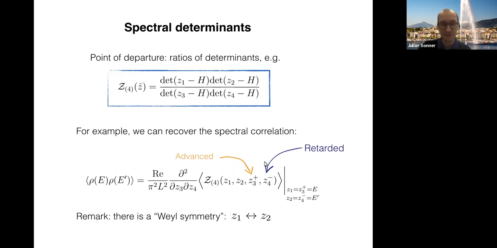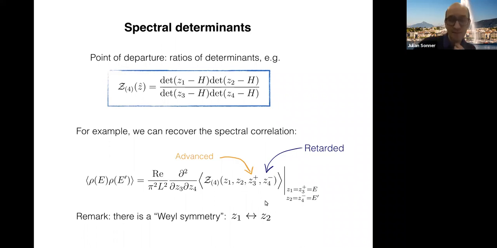The reason for that is precisely that the rho is going to be the difference of some advanced and some retarded resolvent. That's reflected here in having to put this with a plus and this with a minus. In other words, this thing is just a gadget that when you hit it with the right operator, it gives you the two-level correlation function.